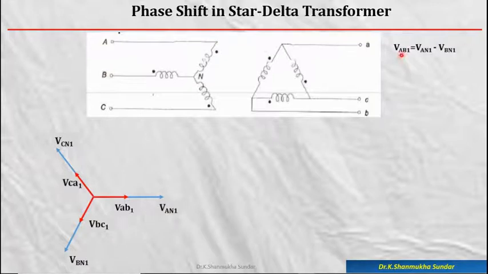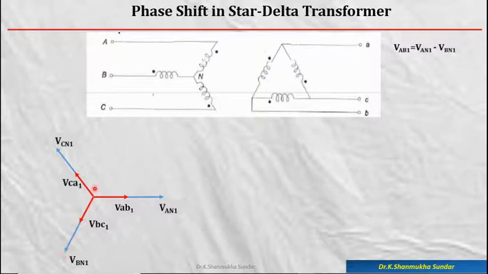So we have seen that VAB1, the positive sequence line voltage, is equal to VAN1 minus VBN1. So it is a vectorial addition of these two. VAN1 vector is available here already. Now we should get the minus VBN1 vector. How to get this minus VBN1 vector? VBN1 vector is available here. How to get minus?